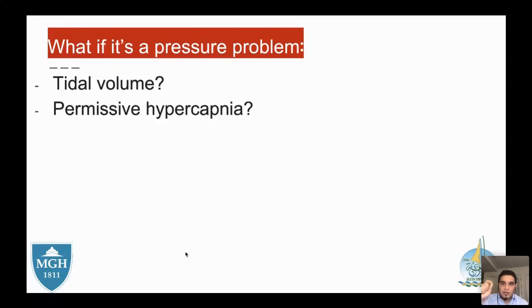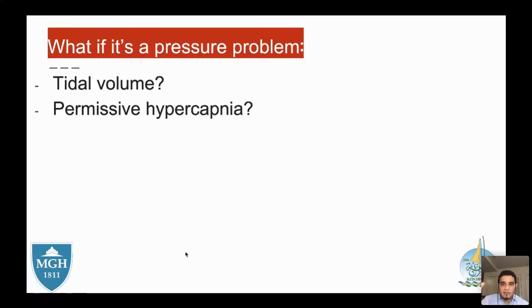A normal CO2 is 35 to 45, but you're going to see patients in the 50s, you're going to see patients in the 60s, and you're going to see your pH go down to 7.27, 7.30. If your pH is above 7.20, it's okay. You can live with that.